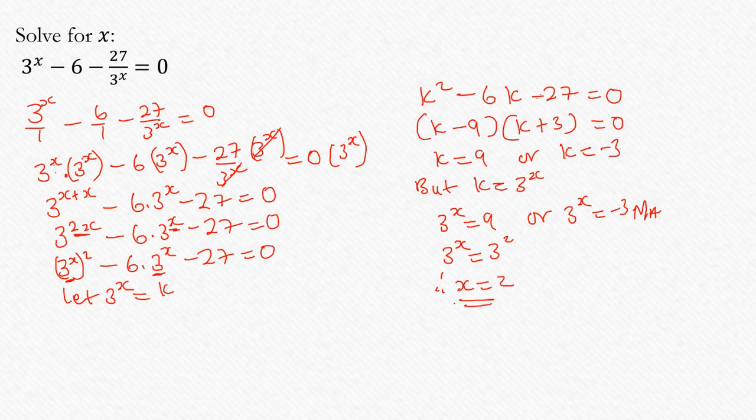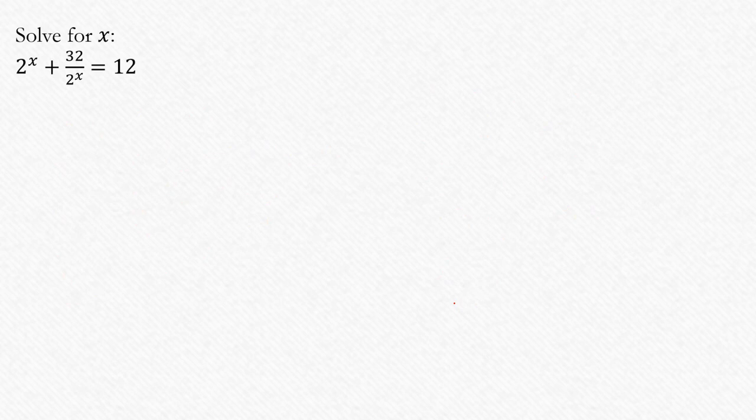Okay, right, let's do the last one. It's similar to this one, but let's just do it. So the same thing here, we multiply every term by 2 to the power x. So it's going to be 2 to the power x, 2 to the power x is the LCD there, times 2 to the power x. Use brackets.